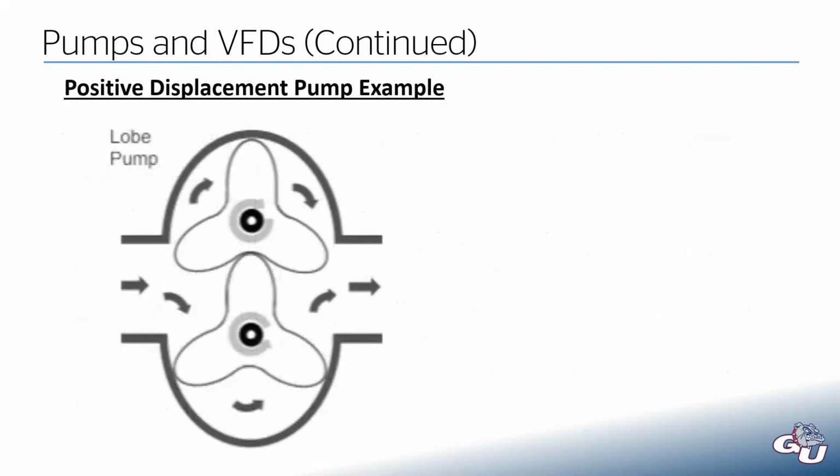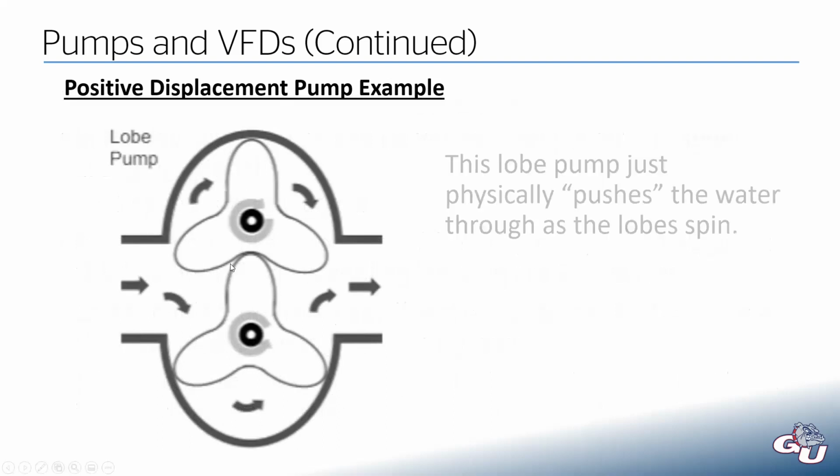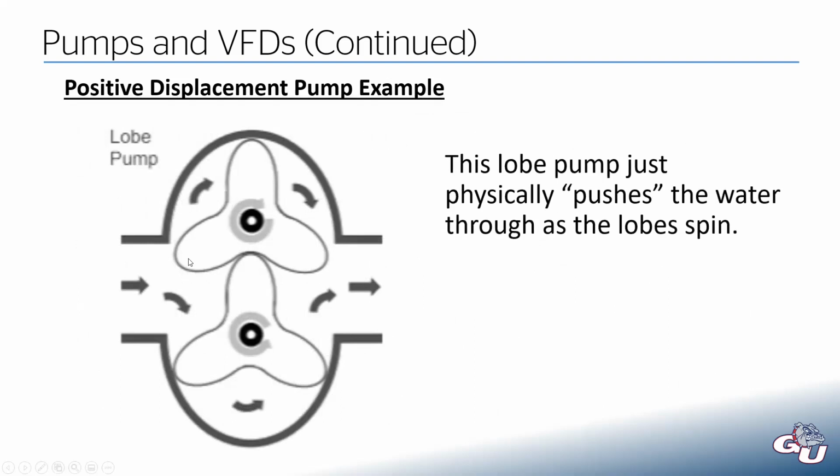This would be an example of a positive displacement pump. It's called a lobe pump. So these two paddles, I guess we'll call them, these just spin and they just physically push water.